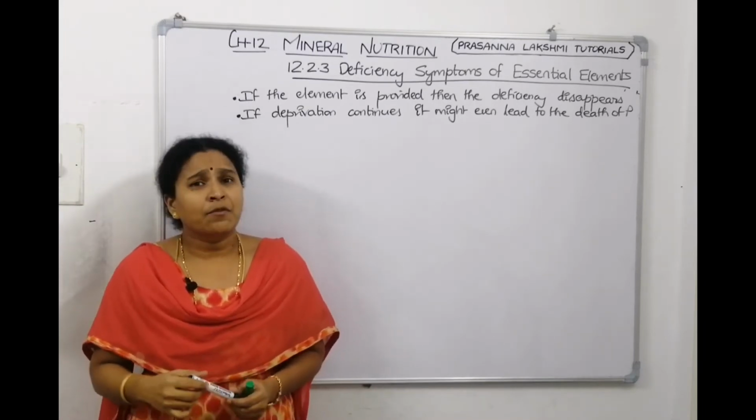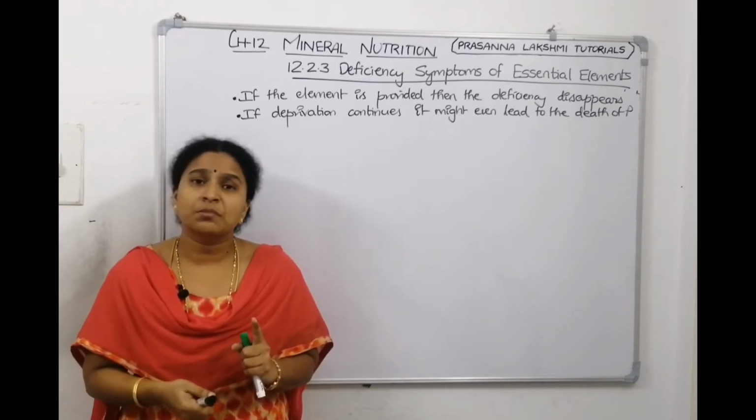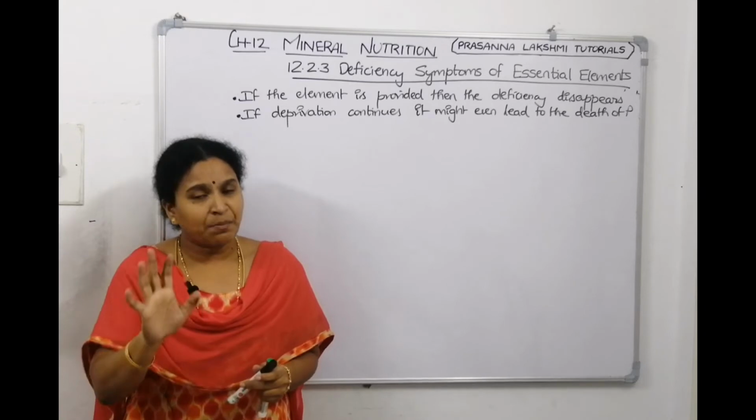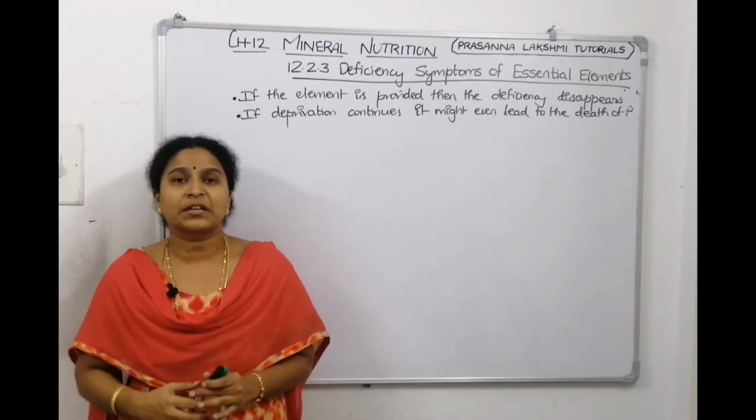Understood, children? Now, which part of the plant gets affected and shows the deficiency symptoms depends upon its motility. Root is affected, stem is affected, leaf is affected, older leaves are affected, younger leaves are affected.